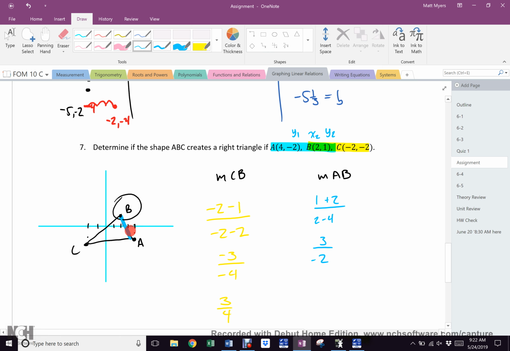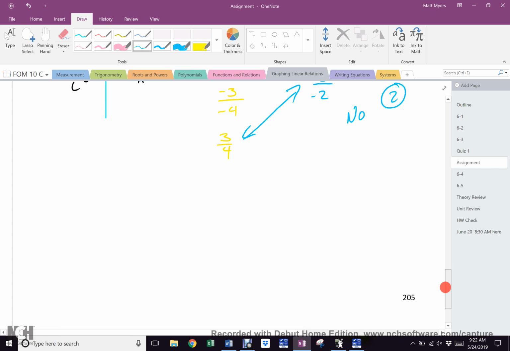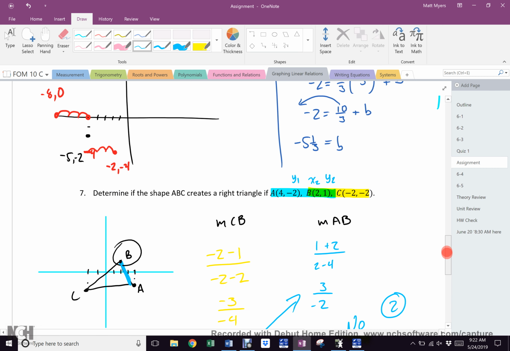Take 1 second and check. I'm going to need a negative answer here, right? Then do your work. If it's not negative, you know you did something wrong. But are those opposite reciprocals? No. So is this a right angle triangle? No. 2 marks.